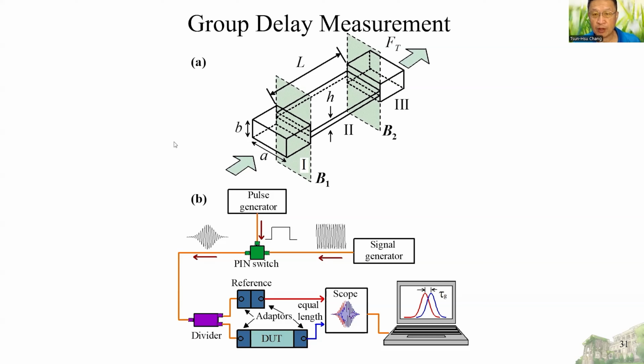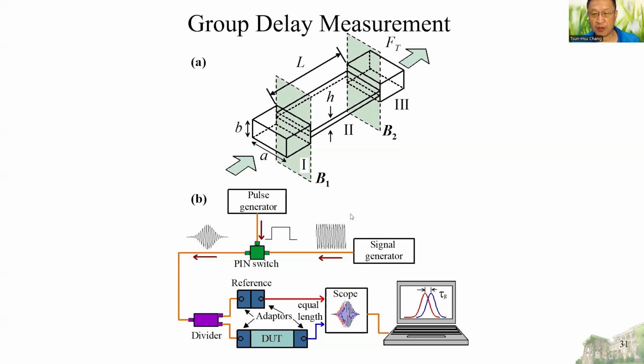But now the width is the same, so the cutoff frequency is the same in regions 1, 2, 3. But the height changes from B to H. So it's an undersized waveguide, undersized in waveguide height, and the length is L.